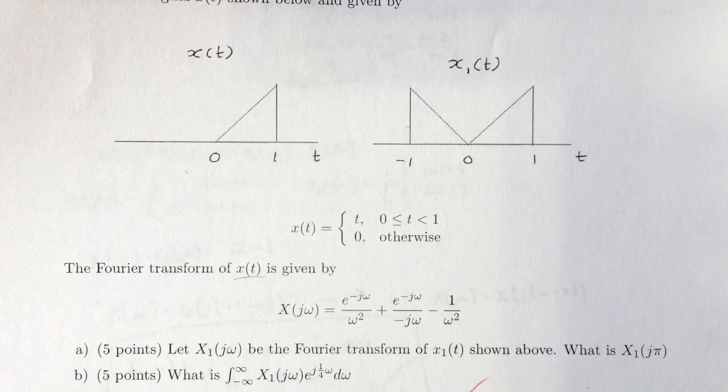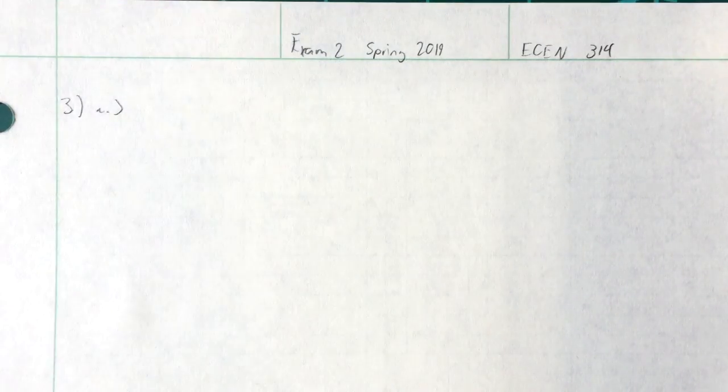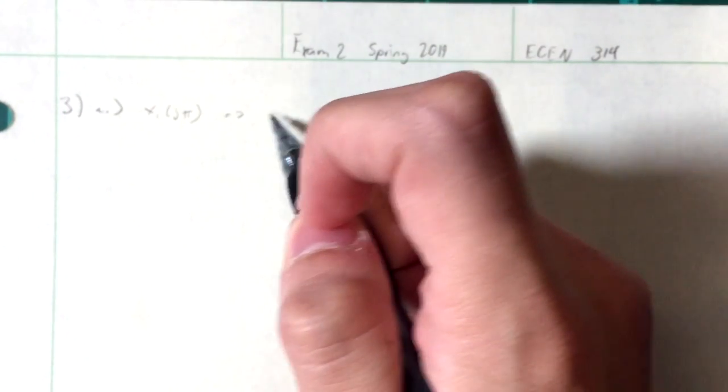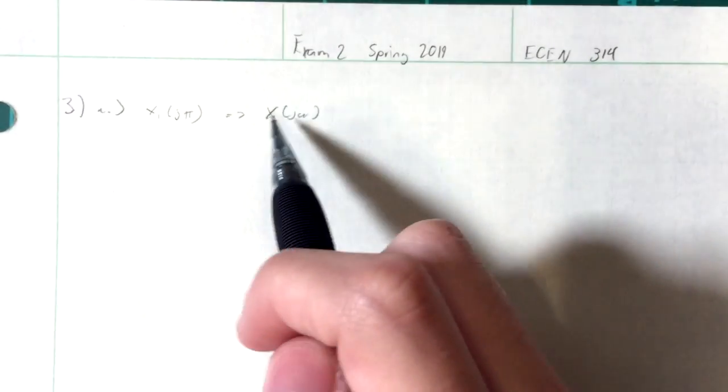Okay, so now let's get into it. Part A. So we want to find X1(jπ). To do that, we should probably find X1(jω).